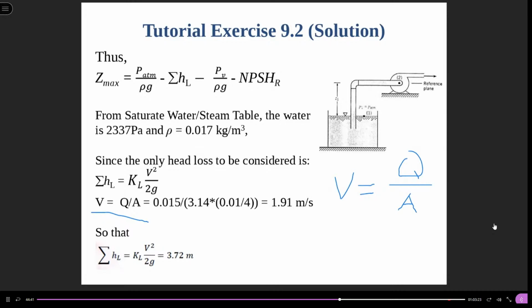Which is equal to 1.91 meter per second. We have known that the minor loss coefficient is equal to 20, so that the head loss can be calculated.